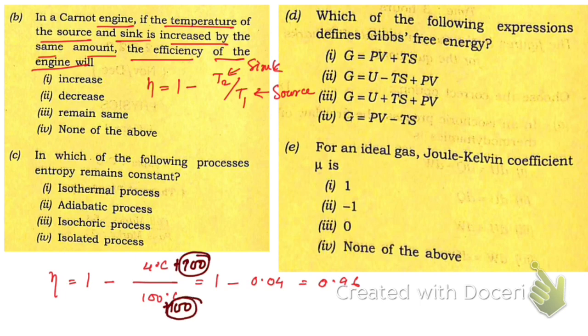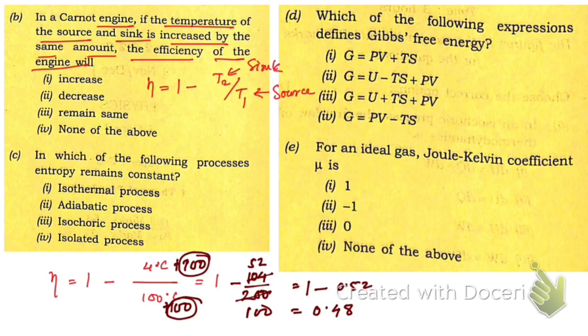In that case we have 1 minus 104 by 200. If you cancel it by 2, then 52, so 1 minus 0.52, which is going to be 0.48.